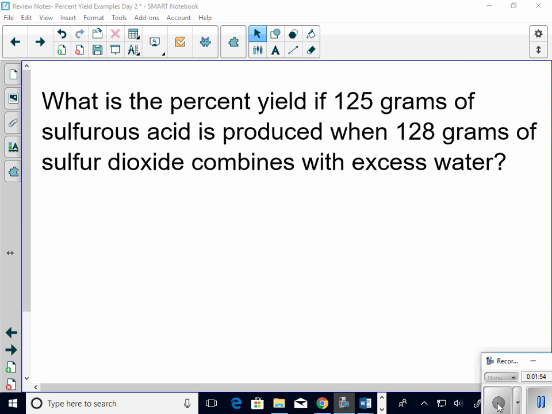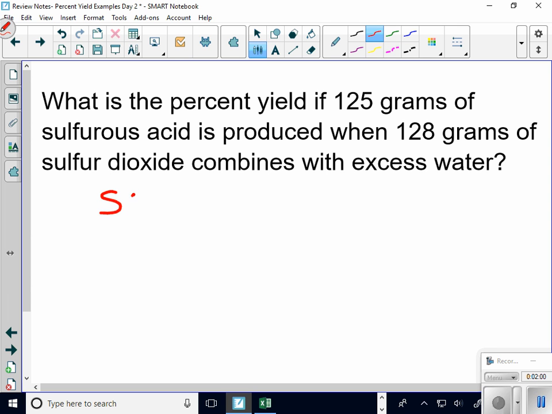So our oxyacid being formed here is sulfurous acid. Our non-metal oxide, SO2, combines with excess water. That's important, so we already know what the limiting reagent is. It is sulfur dioxide.